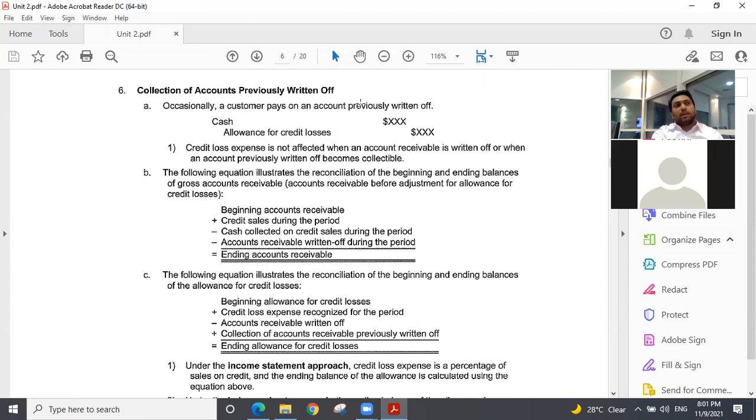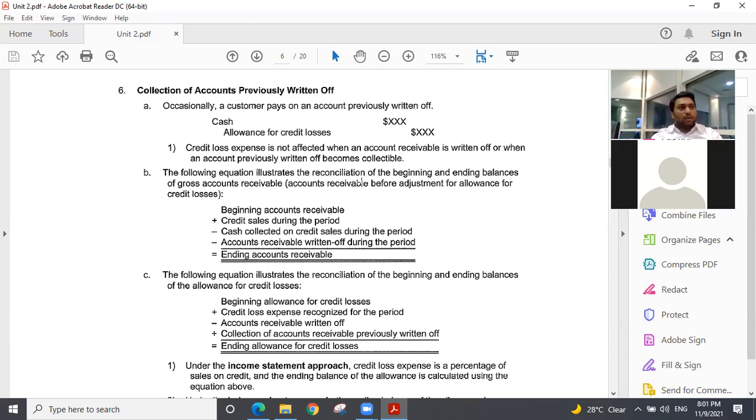Occasionally a customer pays an account amount previously written off, and we debit cash and credit allowance for credit losses. Then credit loss expense is not affected when an account receivable is written off, or when an amount previously written off becomes collectible. So our expenses or revenue is not affected.